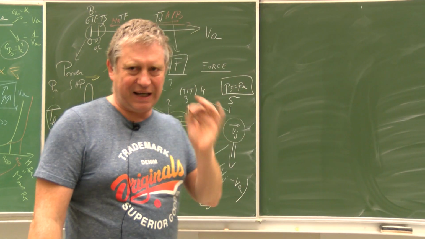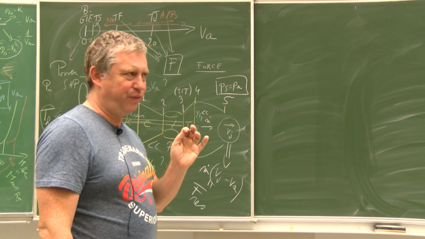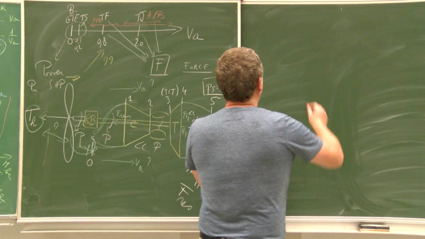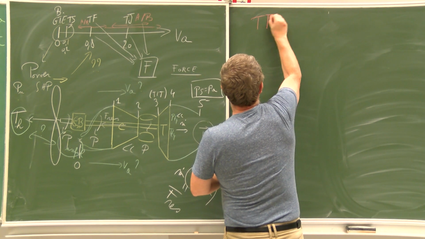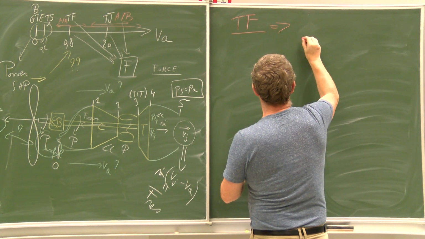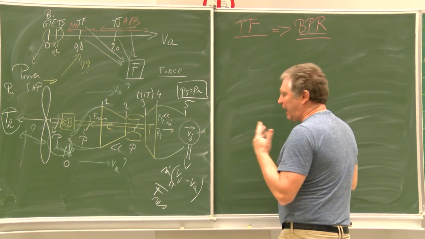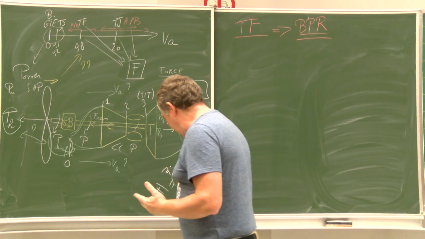And why? What is my objective in explaining that? My objective is to use the parameters of the turbofan. And mainly to use which parameter of the turbofan? The bypass ratio. Why?